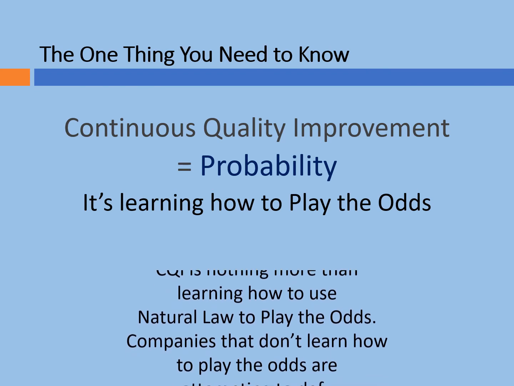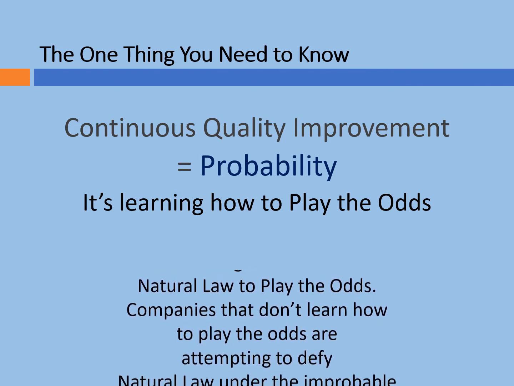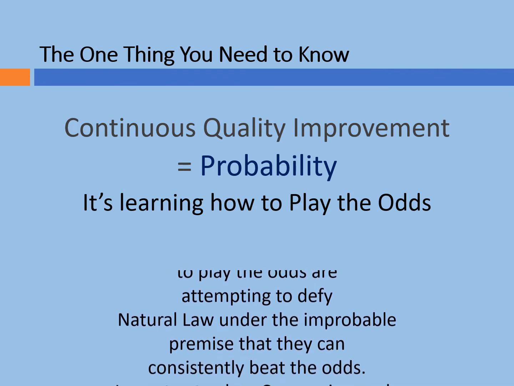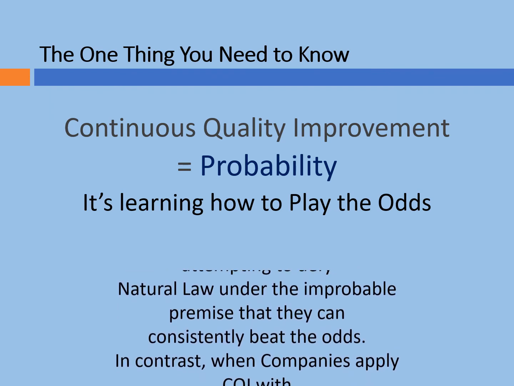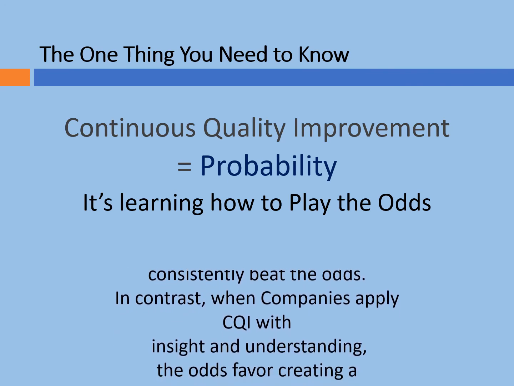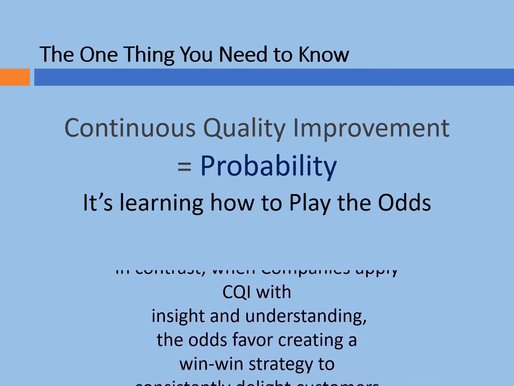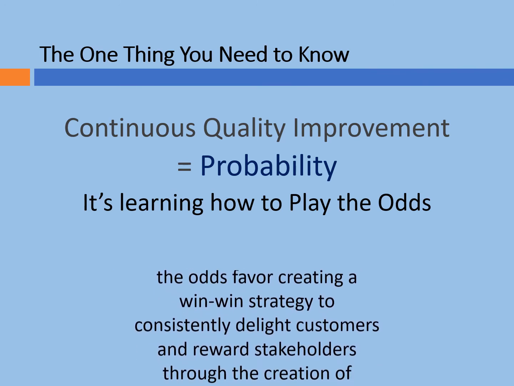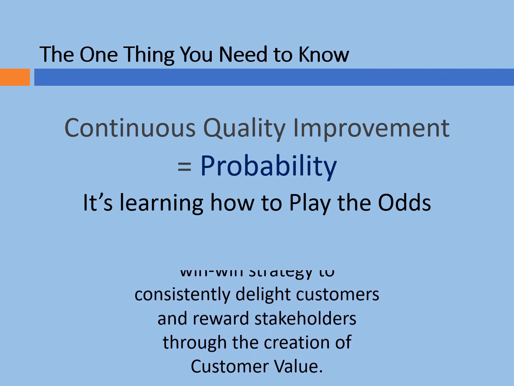Companies that don't learn how to play the odds are attempting to defy natural law under the improbable premise that they can consistently beat the odds. In contrast, when companies apply continuous quality improvement with insight and understanding, the odds favor creating a win-win strategy to consistently delight customers and reward stakeholders through the creation of customer value.